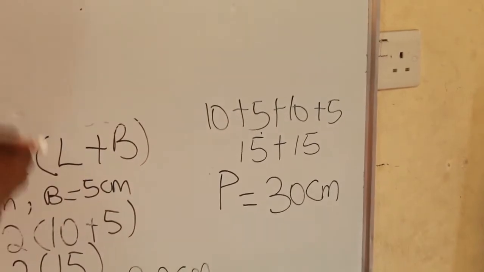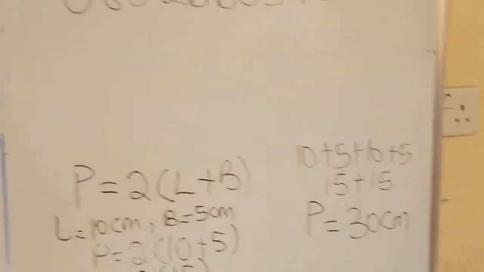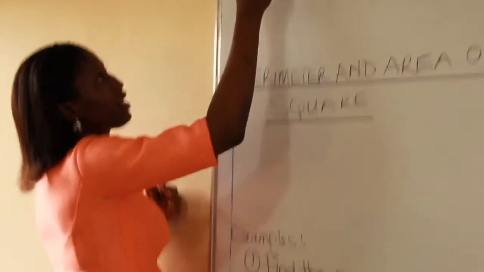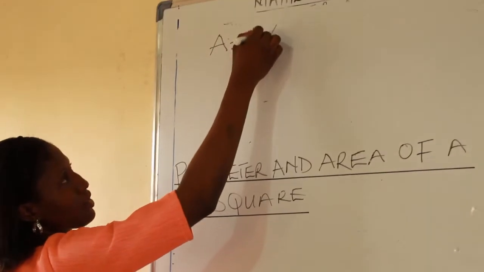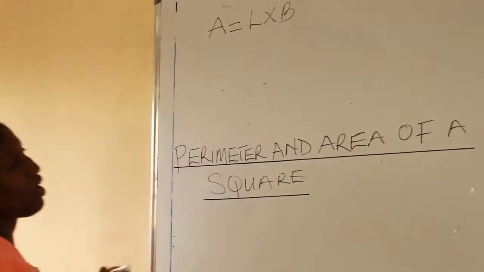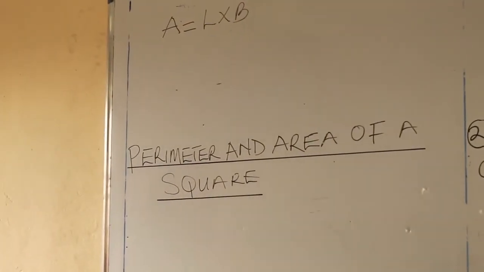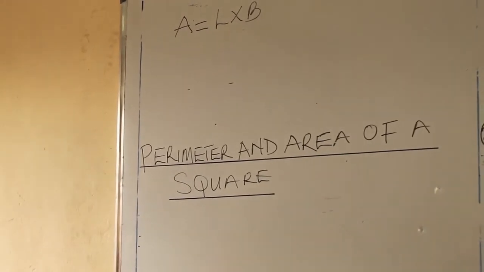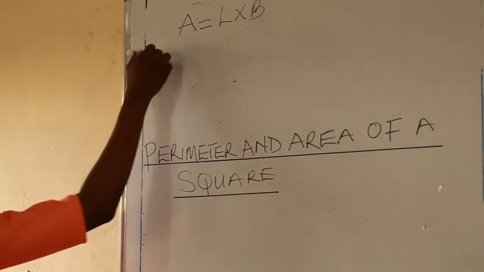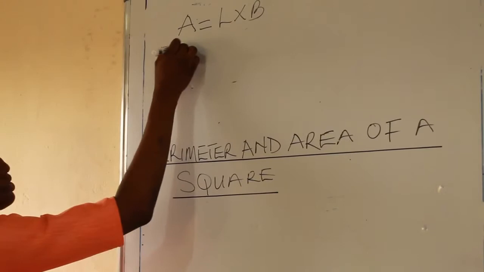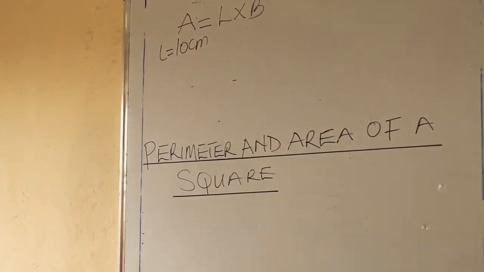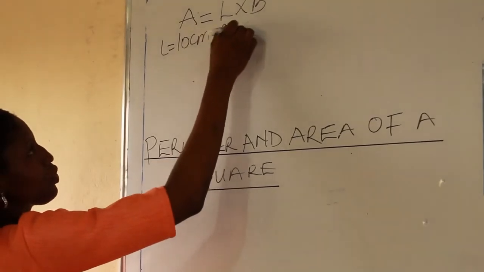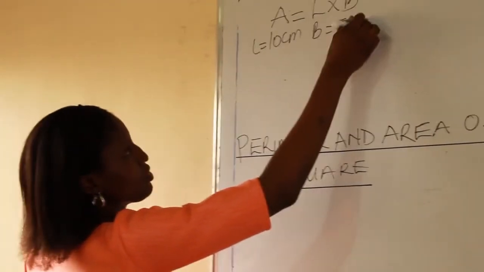Now let's calculate the area. Our formula is area equals length times breadth. In the question given, our length is 10 centimeters and our breadth equals 5 centimeters.